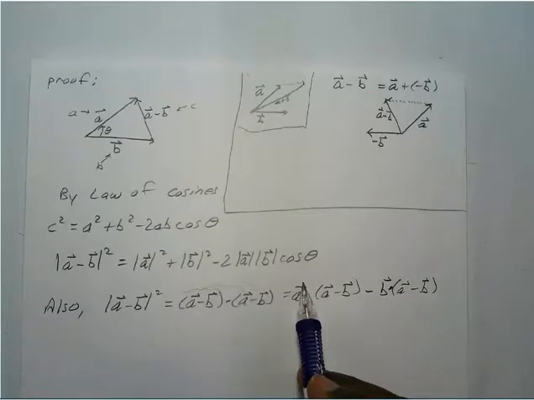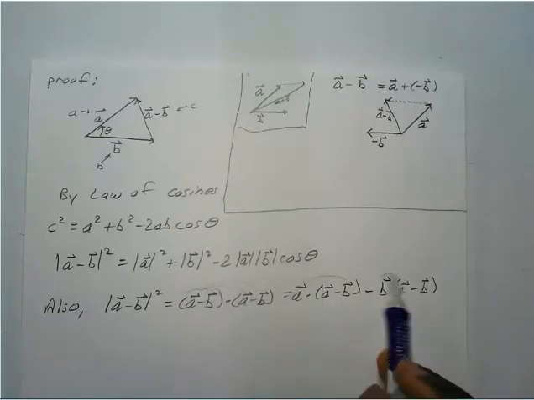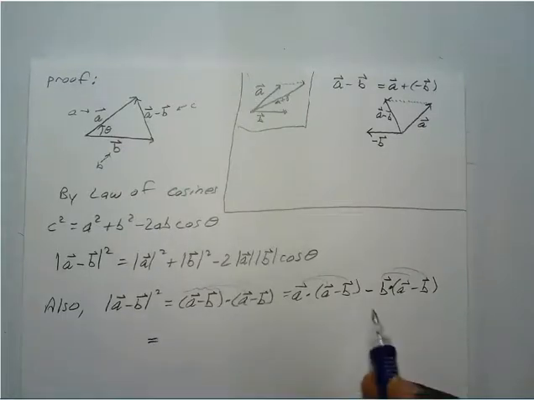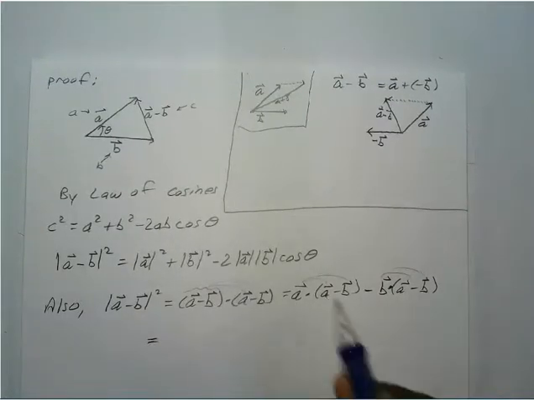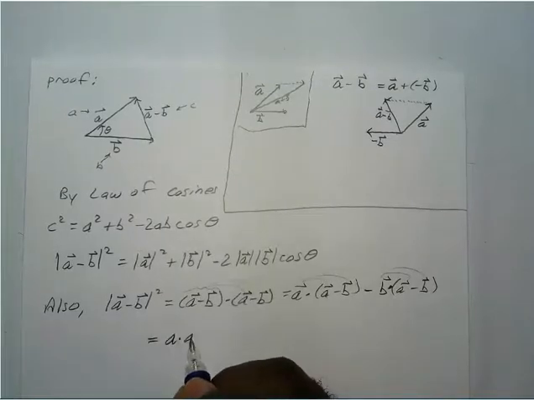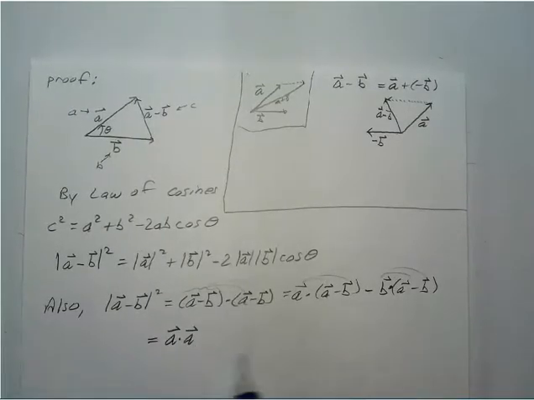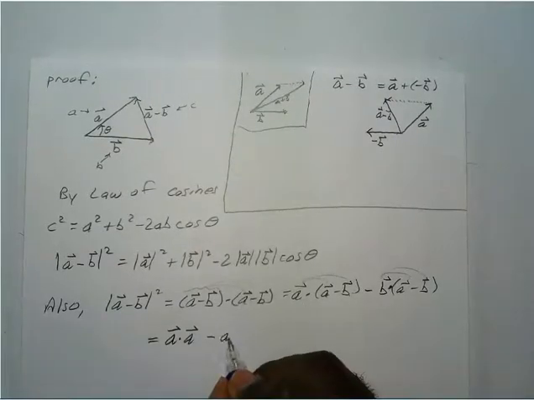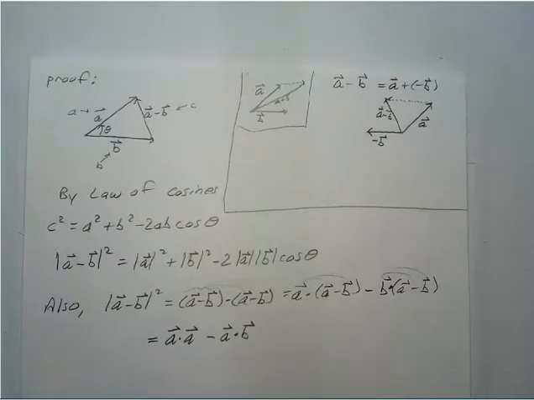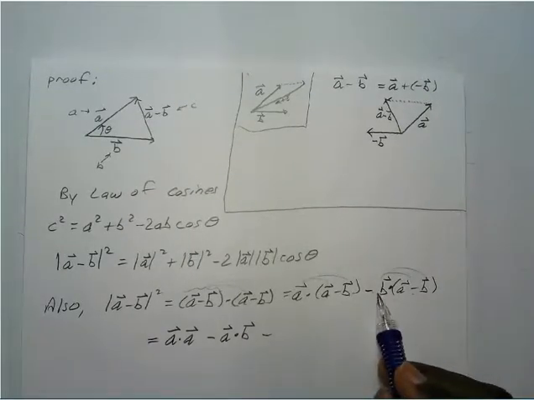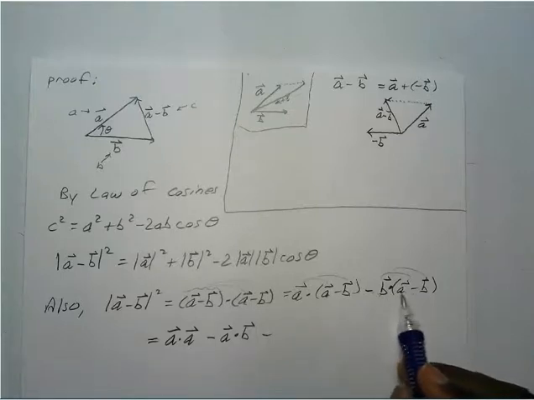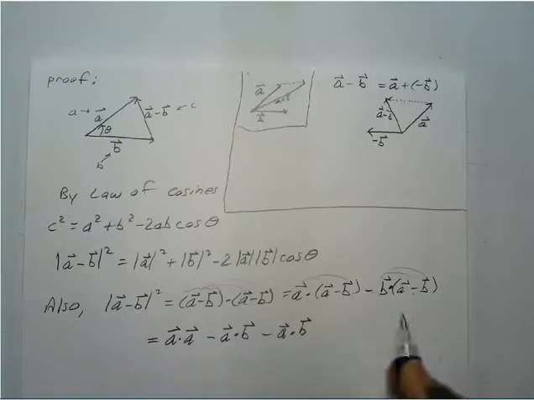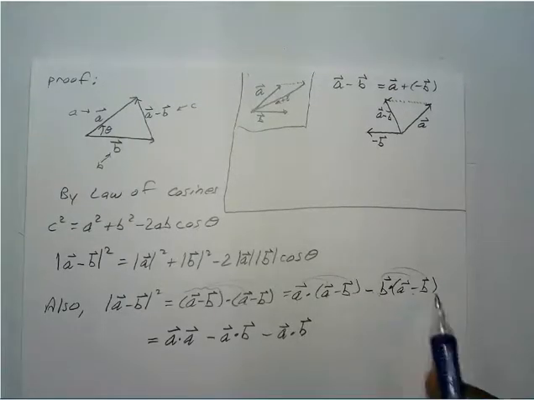Okay, so if we use the distributive property again, move that down here, that means it equals the dot product of A vector and A vector, minus the dot product of A and B vector, minus the dot product of B and A vector, or we could say A and B vector again, since they're commutative, plus the dot product of B vectors.